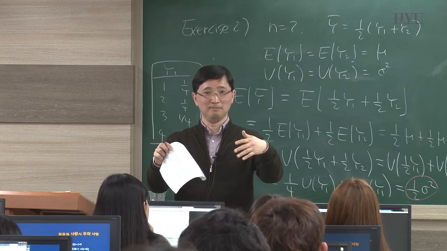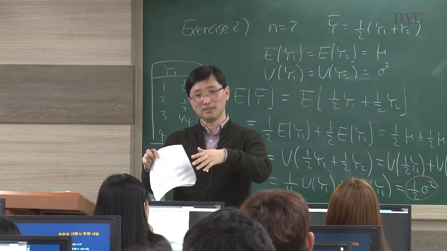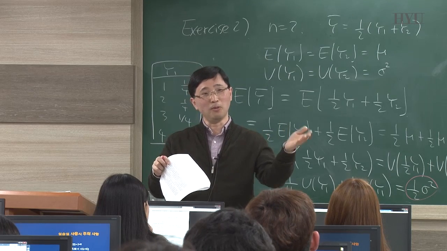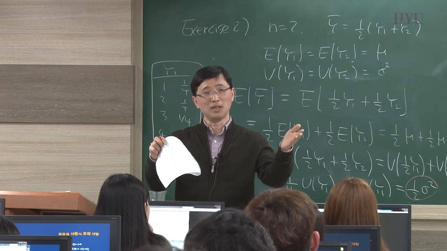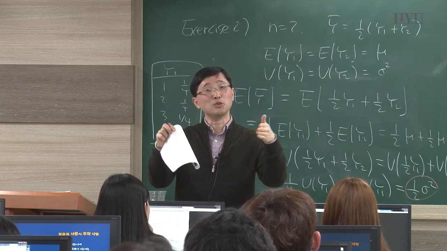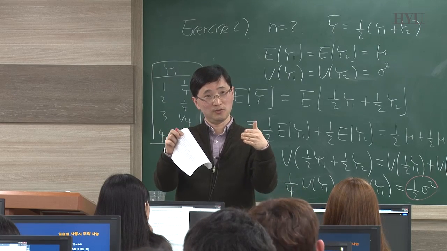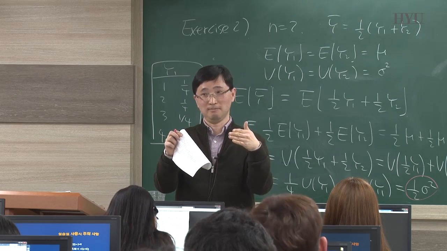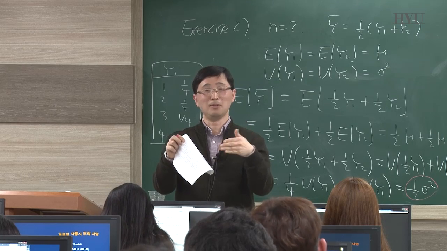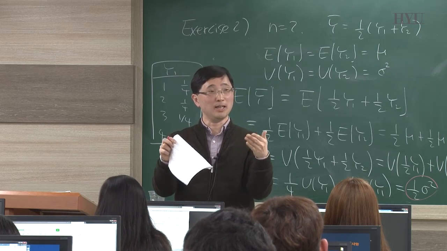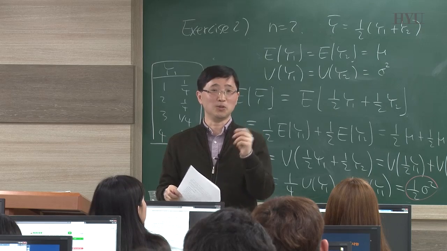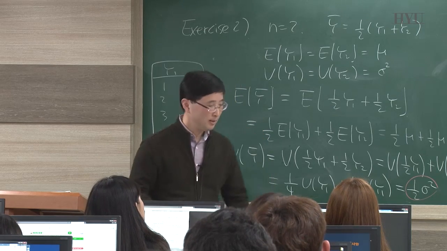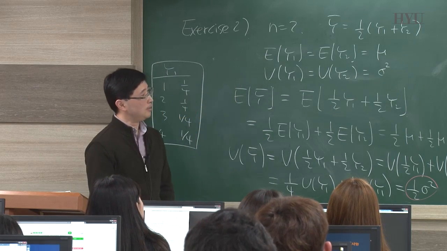In your sample, somebody who is short is cancelled by somebody who is quite tall. The sample mean only takes values which are in a much shorter range. It has smaller variability. Does it make sense? That's the meaning of information aggregation. You have less uncertainty. So that's why we like to increase the sample size n.